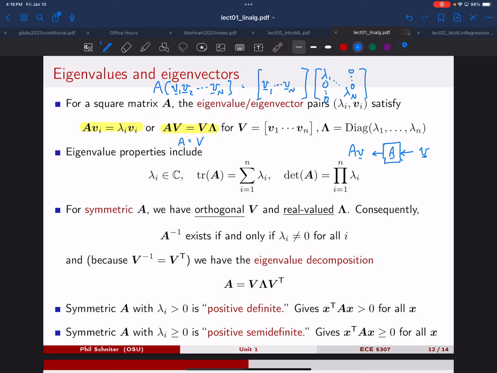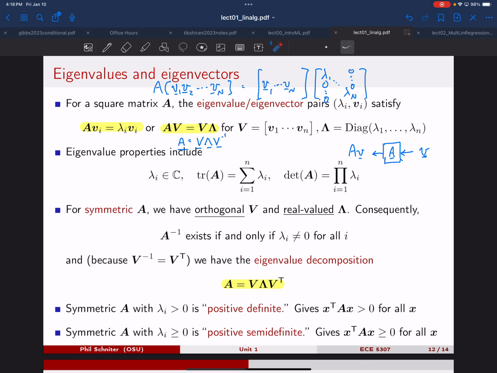And then we'd get V lambda V inverse. So that's the general case. But as we said here in this symmetric A case, V is orthogonal. So actually this becomes V transpose. And then we get this nicer eigenvalue decomposition. It's basically a way of writing A in terms of a product of three things: eigenvector matrix, eigenvalue matrix, eigenvector matrix.